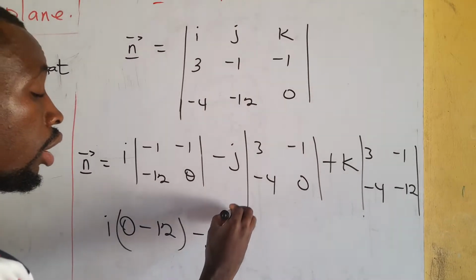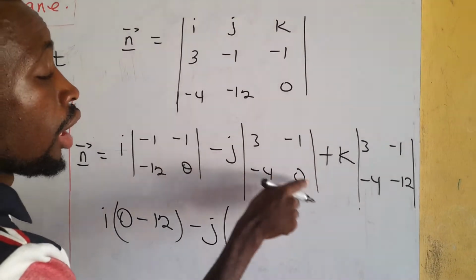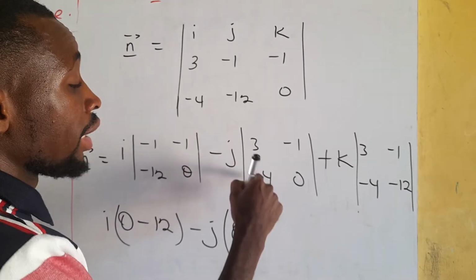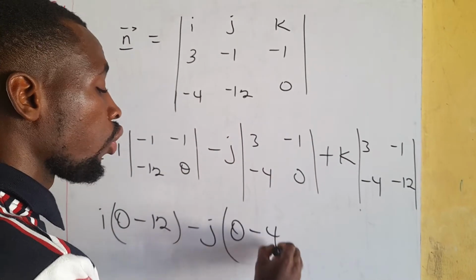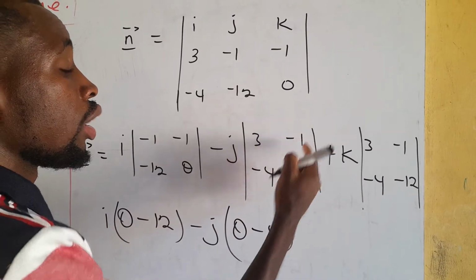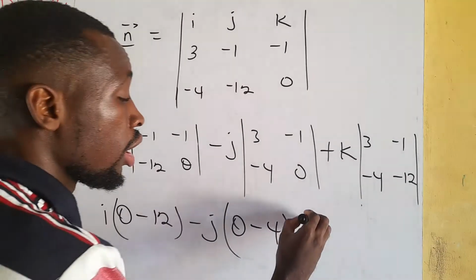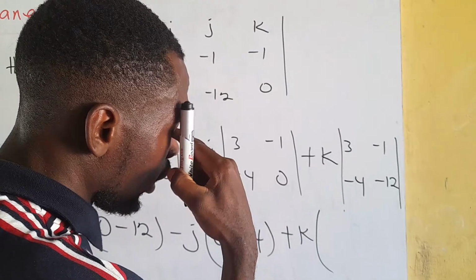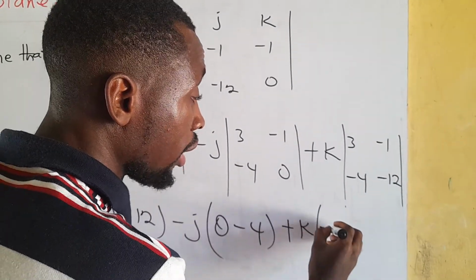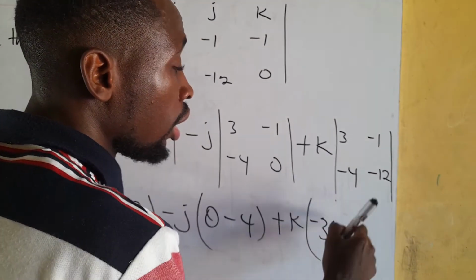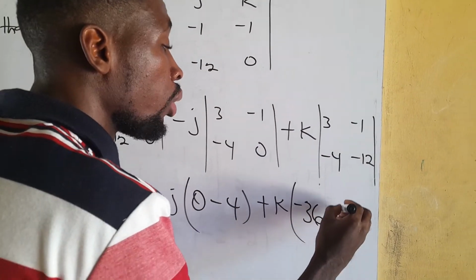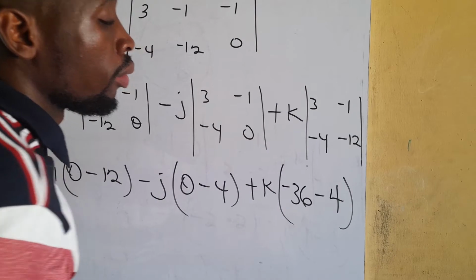Then minus j bracket: 3 times 0 is 0, then minus negative 4 times negative 1, negative 4 times negative 1 is 4, so minus 4. Plus k bracket: 3 times negative 12 is negative 36, then minus negative 4 times negative 1, that will be 4, so minus 4.